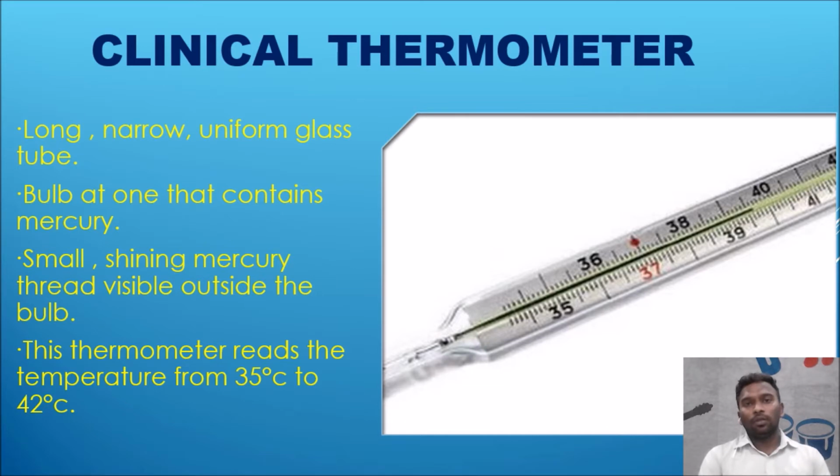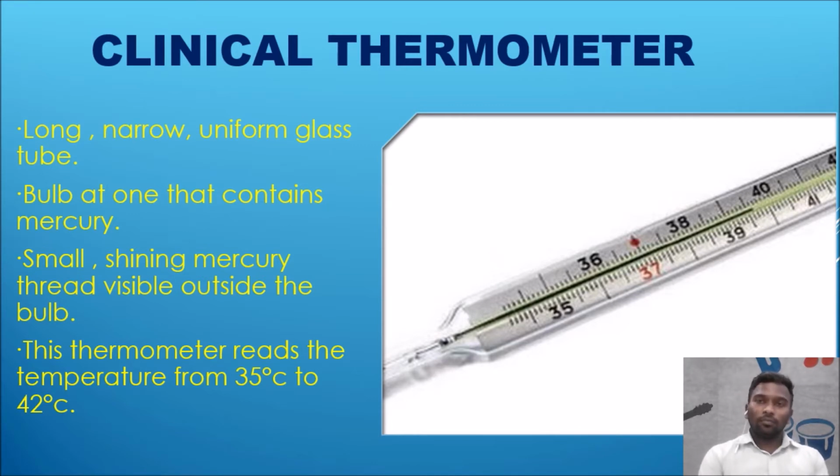Down in the bulb we can find a small amount of mercury. When the bulb is in contact with a hot object, the mercury rises into the long, narrow, uniform capillary tube. When it rises, we can find the exact temperature of the object in contact with the thermometer on the scale, right.